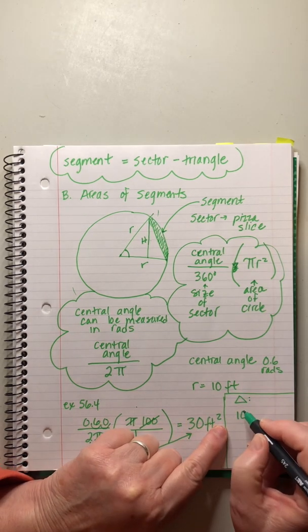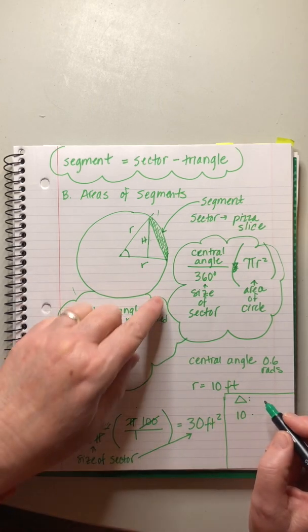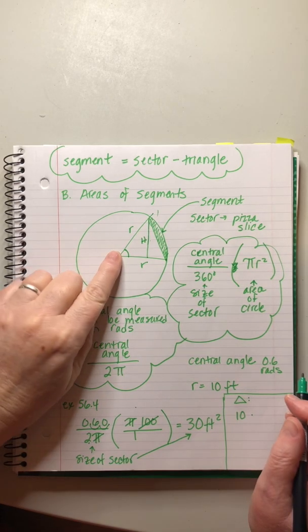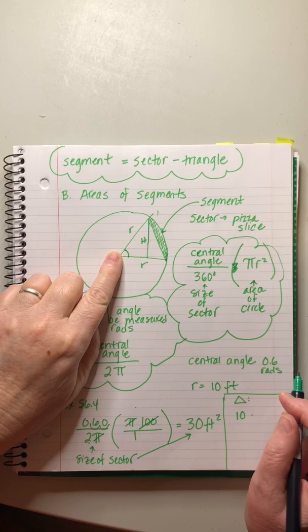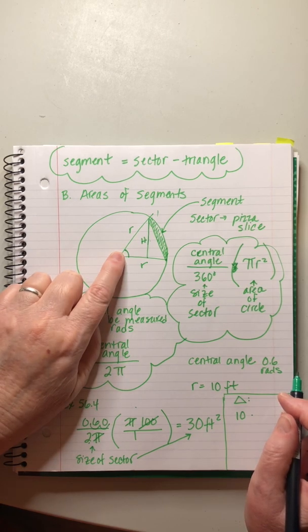So that's the base. Now we have to multiply that by the height. How are we going to find the height of the triangle? Well, that's what we learned in the first part of this lesson. We learned that if this is 0.6 radians, then we can use that to find the height.